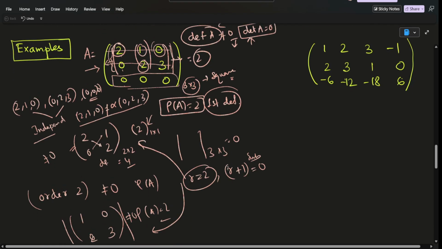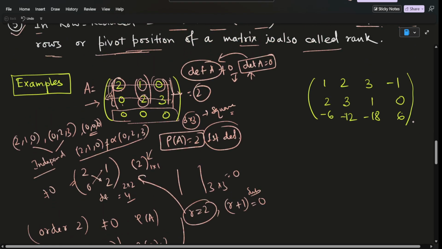Then the next example, this is a 3 by 4 matrix, which is a rectangular matrix and not a square matrix. So the determinant concept is not valid here. So you can either go through the submatrix concept, or you can go with linear dependency or independency, LI or LD.